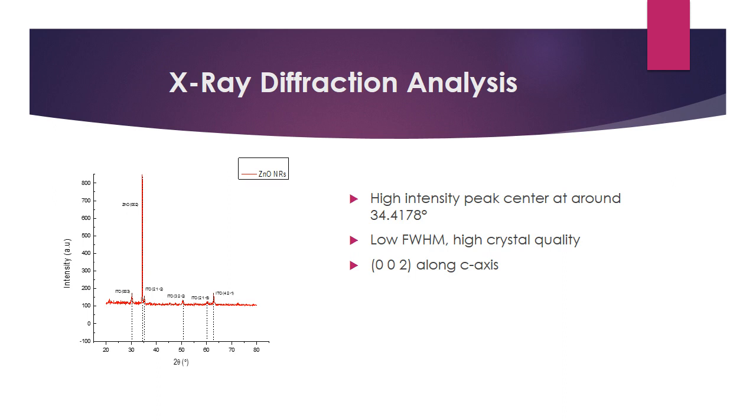The peak at 34.4178 degrees has a low full width half maximum value, which indicates the zinc oxide grown has a high crystal quality. From the database, the peak is from the 002 plane along the C-axis. This result is aligned with the FESEM image that we saw earlier.